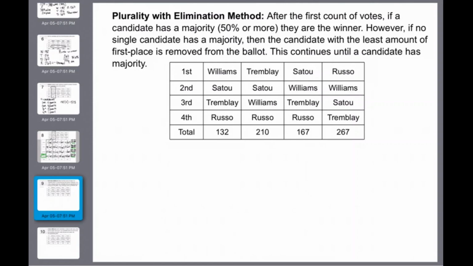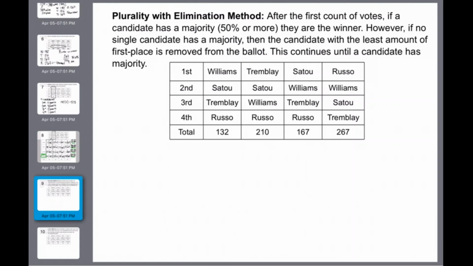However, if none of our candidates have the majority vote, 50% or more, then we eliminate the candidate with the least first place votes, and their votes go to the next person in line. We're going to see how that works with our preference ballot that we've been using throughout all of these methods. It continues until a candidate has the majority of votes.